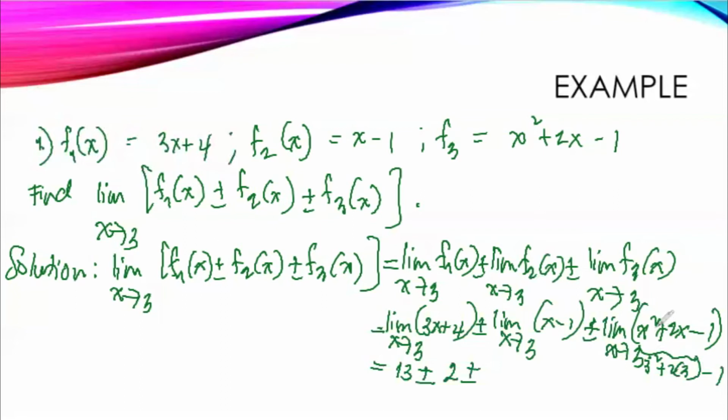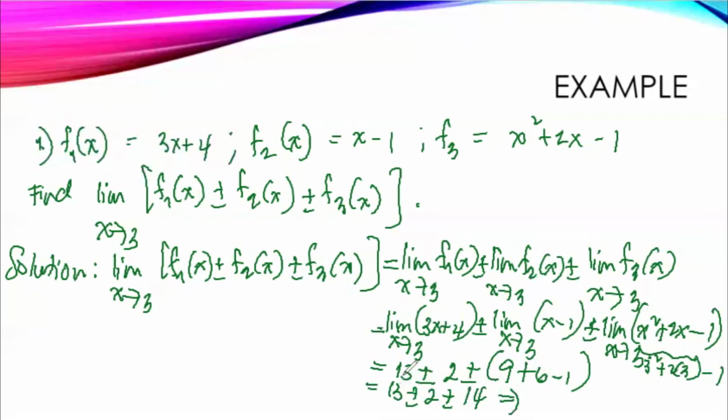So this is 9 plus 6 minus 1, right? So we have 13 plus or minus 2 plus or minus 9 plus 6 is 15 minus 1 is 14.